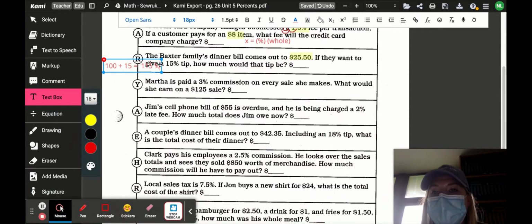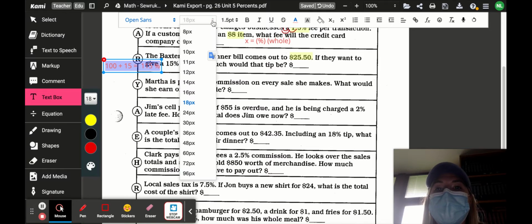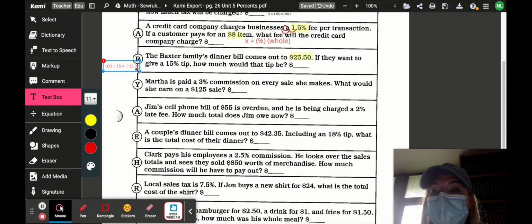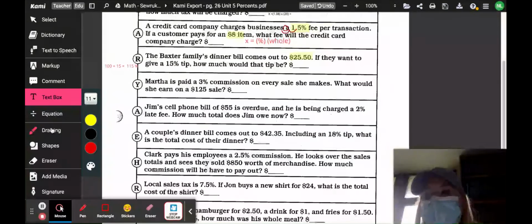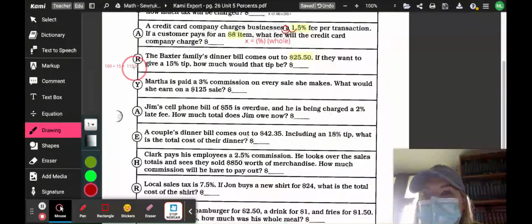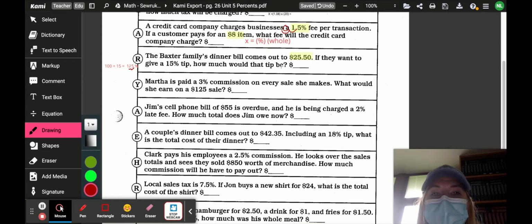So you are going to have to change that once again into a decimal because it's a percent. So you're going to move the decimal place 2 places over, and you're going to put that decimal there. And then you're going to multiply that 25.50 times 1.15.